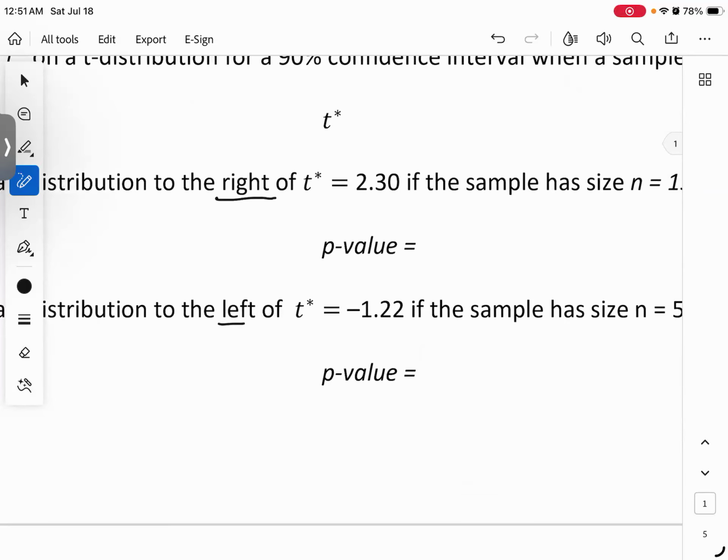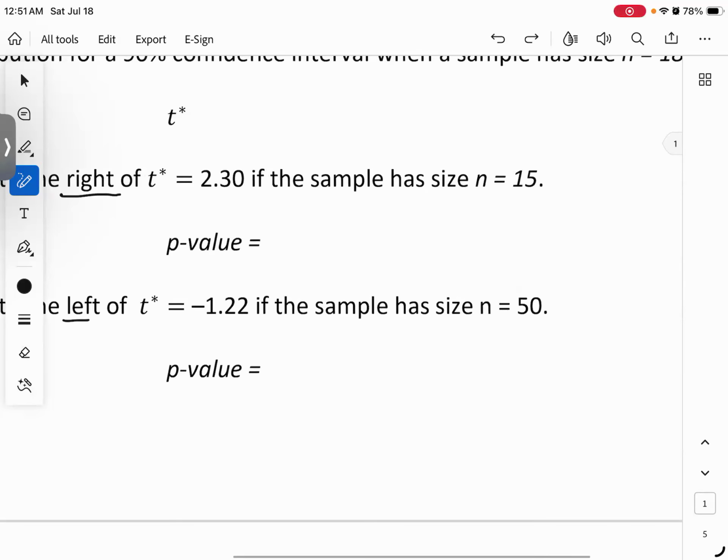They're not going to call it a z value. They're now going to call it a t value or a t test statistic because it's now with the t distribution. But what's going to be different is rather than just clicking the right tail and putting your value at the bottom, you're also going to need to put in the degree of freedom.